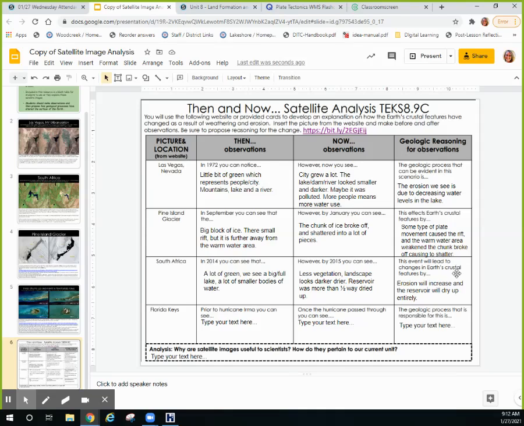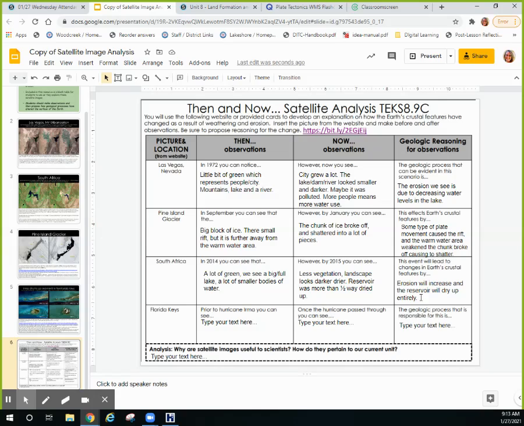And we said this event will lead to changes in Earth's crustal features by more erosion. As that reservoir continues to dry up and eventually dries up entirely, it's going to erode away, which means it will become less deep. Therefore, when it does finally rain and that drought finally ends, it won't fill up as much as it did in the past.